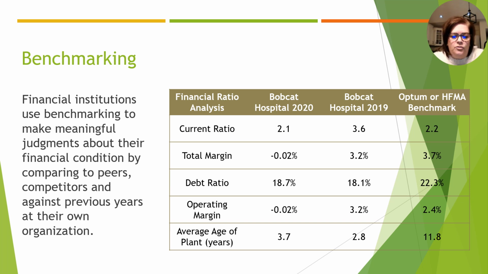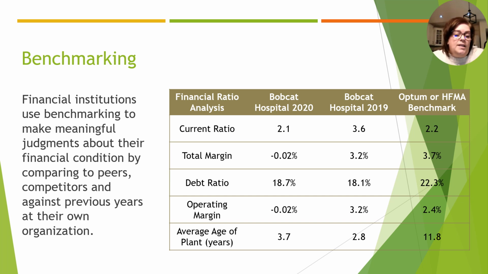I do want to point out too, when you're looking at these values, you'll notice that the total margin and the operating margin values are the same, and that's because the total margin has you calculate the net income. And in the example provided to us, net income, as you know, is operating income plus non-operating income.